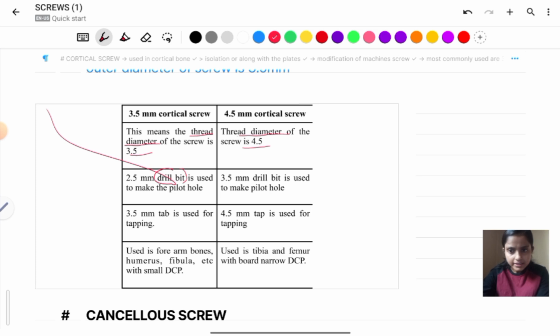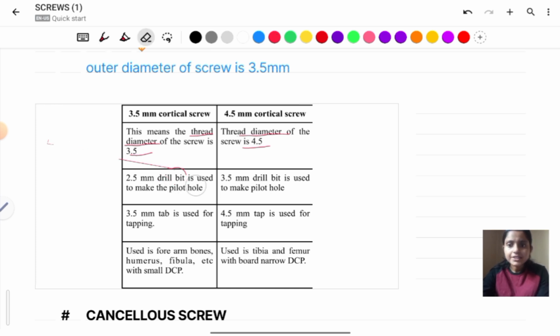Drill bit: the drill bit used in the 3.5 mm cortical screw is the 2.5 mm drill bit, and in the 4.5 mm cortical screw, the drill bit used is 3.5 mm. It is a drill bit 1 mm smaller that is used in both.